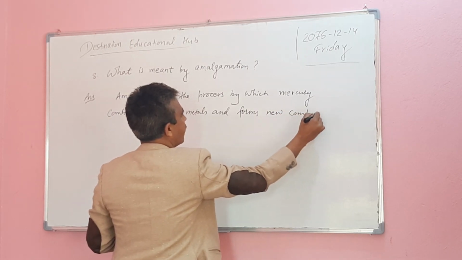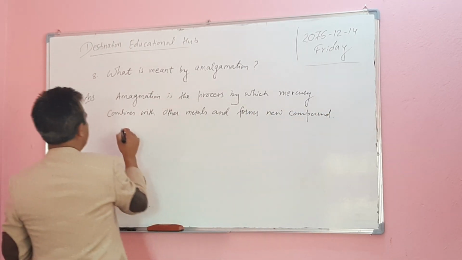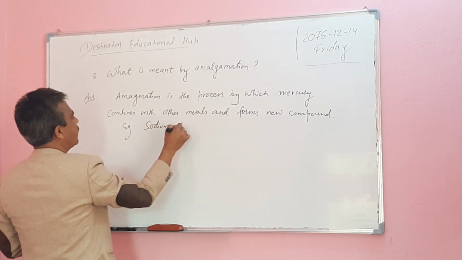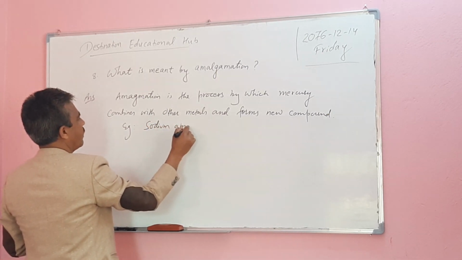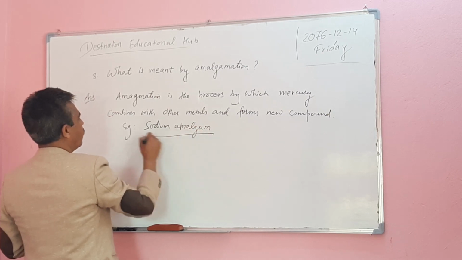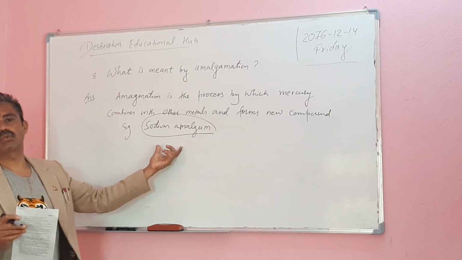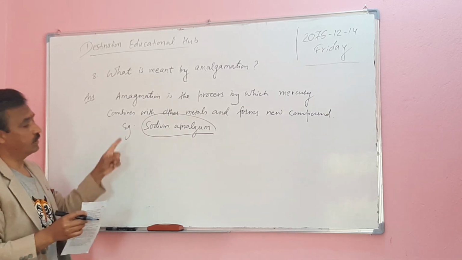For example, sodium amalgam. When sodium and mercury mix together, then what is formed? Sodium amalgam. Okay, remember this one. Question number 9.